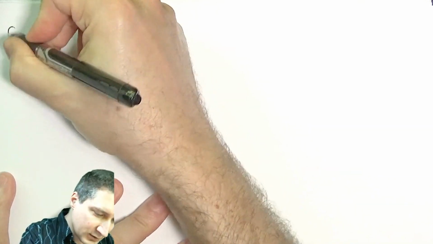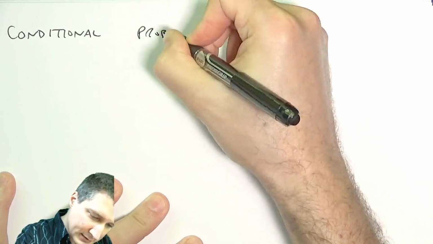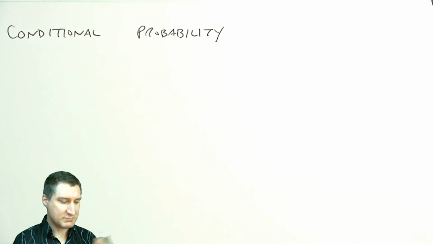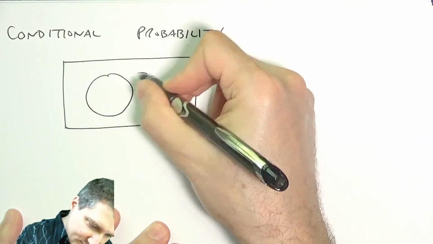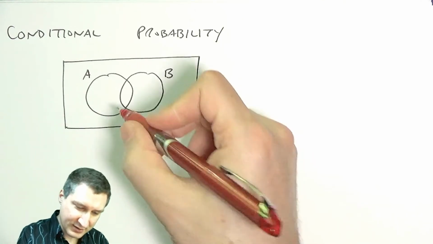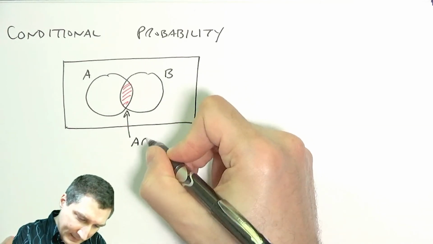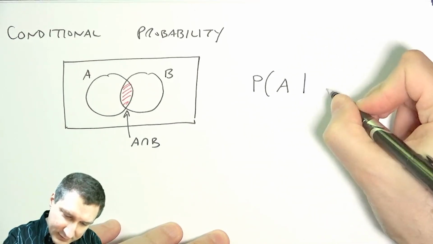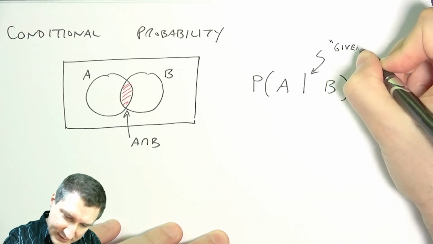So mathematically, we represent this concept of conditional probability with a symbol called A given B. So I have two events, A and B, in my sample space, and remember that this region here is A intersect B. And what I want is the probability of A given B. When you see this vertical bar, you should read in your head "given."